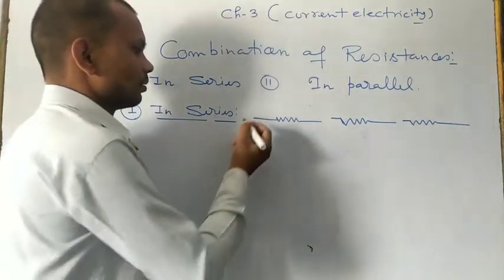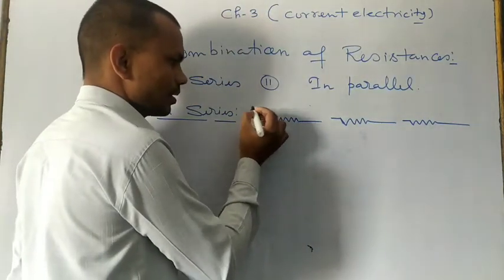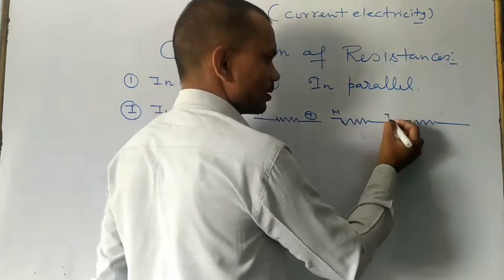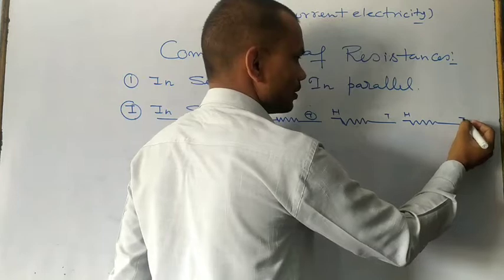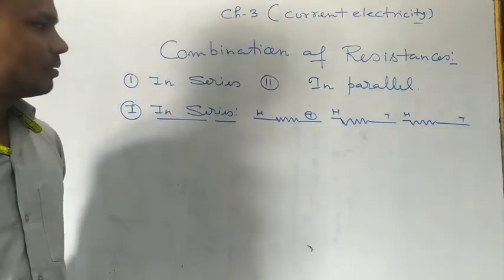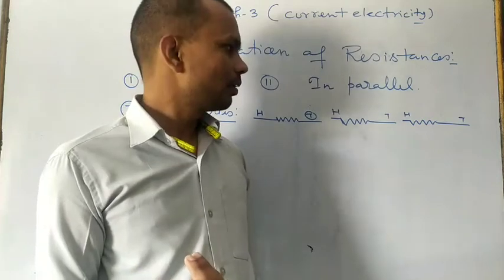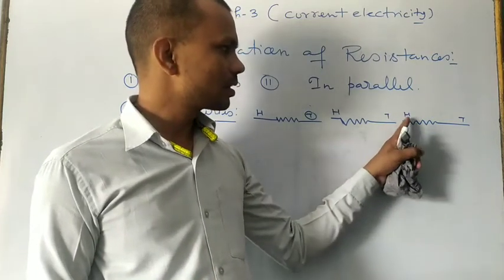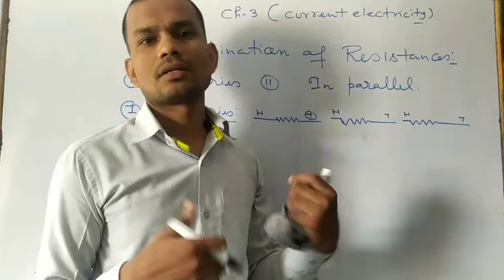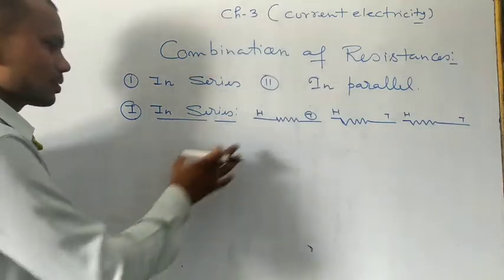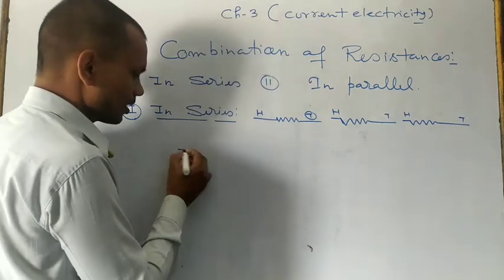Suppose this is the head of this resistance, and then this is the tail. Here also this is the head, then the tail, this is the head, and then the tail. So in series arrangement, the tail is connected with the head, and here also this tail is connected with the head. This series arrangement is also known as head to tail arrangement, right? So in series arrangement, the resistances are connected like that.